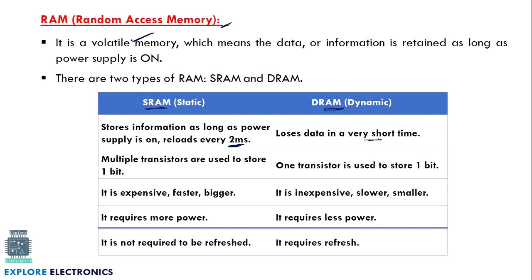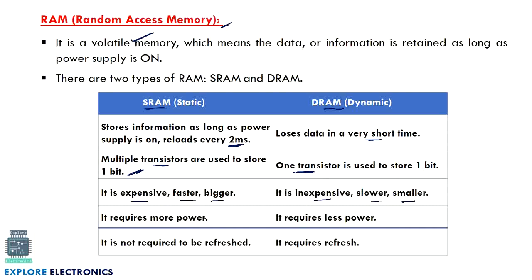In a very short time, the data will be lost, or we can say deleted. Multiple transistors are used to store 1 bit in SRAM. If you look at the circuit of SRAM, it requires many transistors. But in dynamic RAM, only one transistor is enough to store the data. And SRAM is expensive, faster and bigger. DRAM is inexpensive, slower and smaller.